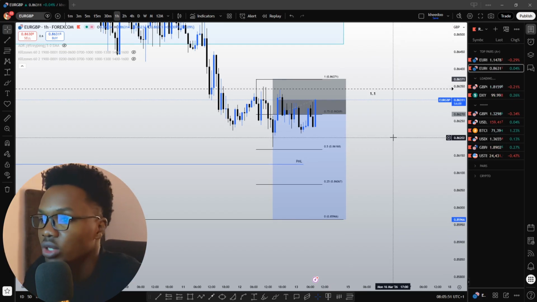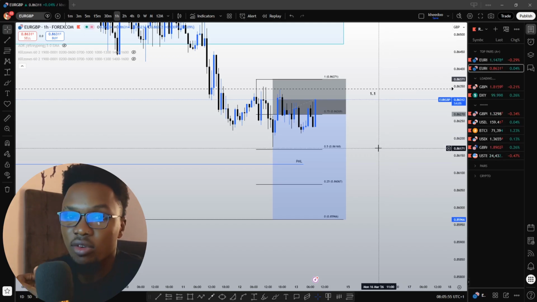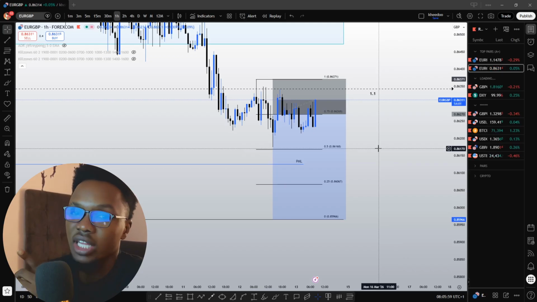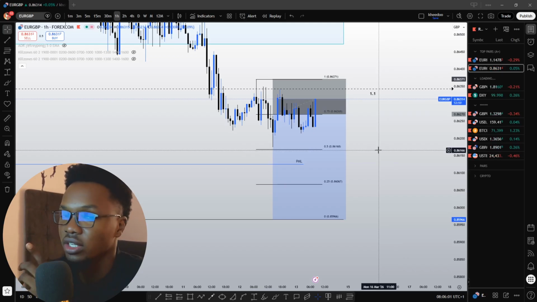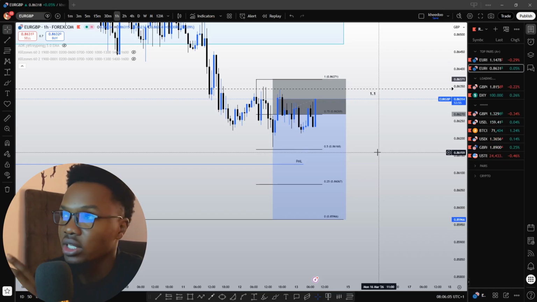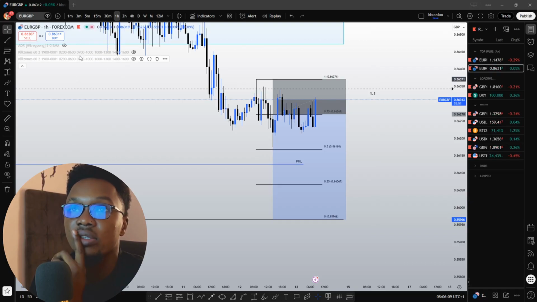Now the issue with this trade now is that I am already thinking of what I want to do once this trade gets to my stop loss. That's next week, because I don't want to enter this trade at all today.